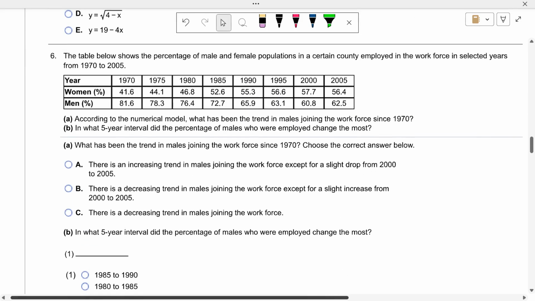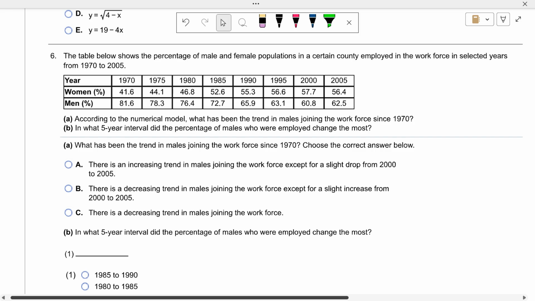All right, this one, the table below shows the percentage of males and females in a certain county employed in the workforce in selected years between 1970 and 2005. According to the numerical model, what has been the trend in males joining the workforce since 1970?